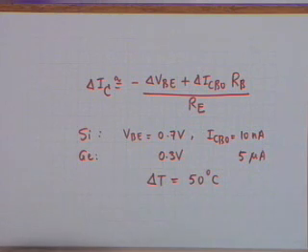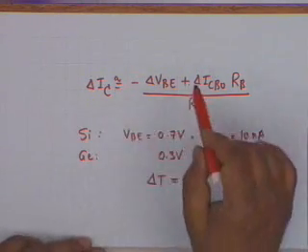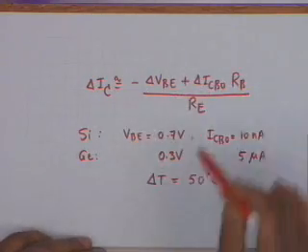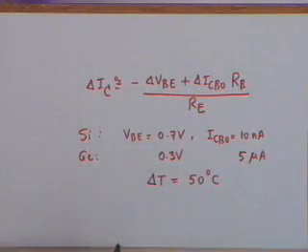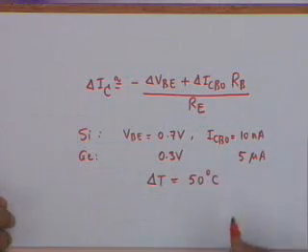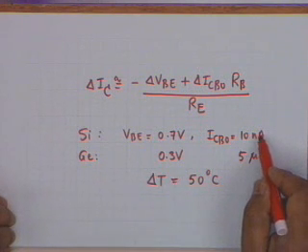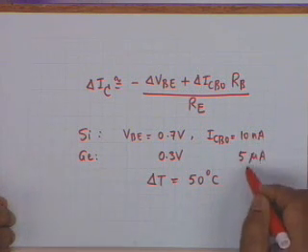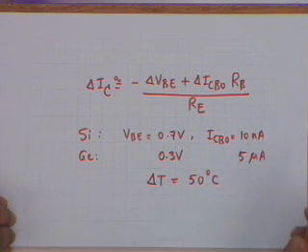Delta I sub C contains two quantities, one is delta VBE and one is delta ICBO. Due to 50 degrees centigrade rise in temperature, what will be the factor by which ICBO changes? 2 to the 5, that means 32, alright, and therefore the new ICBO shall be 32 times 10 nanoampere, 32 times 5, and delta ICBO should be 31 multiplied by these two quantities.